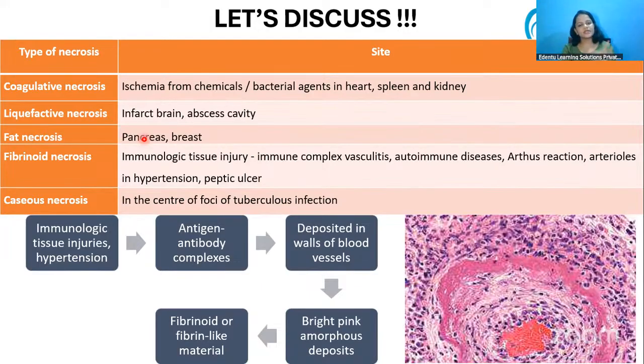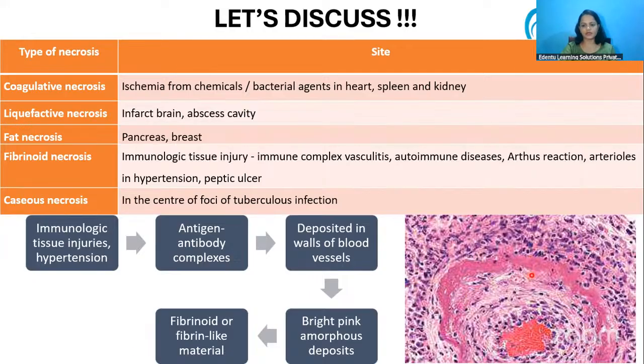Okay, in case of any immunological tissue injury, because of immune complex vasculitis, autoimmune disease, Arthus reaction, hypertension, or peptic ulcer, what you will see is that antigen antibody complexes get deposited in the blood vessels like this. Okay, so this is a blood vessel, and these immune complexes get deposited in it.